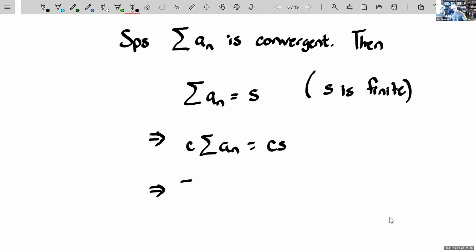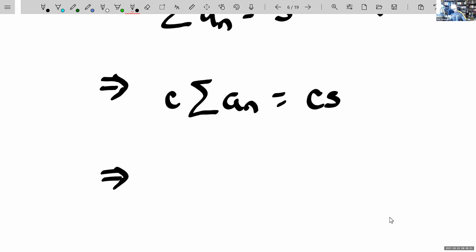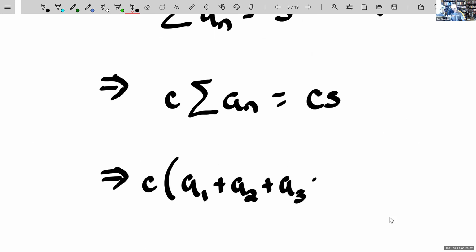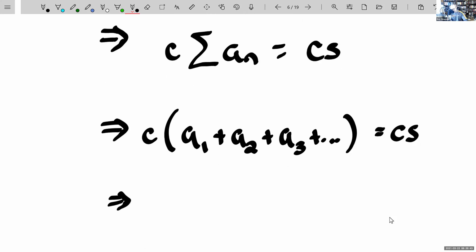And that implies, now remember, maybe I should actually write it out. This is a1 plus a2 plus a3 plus dot, dot, dot. You can distribute that c in.